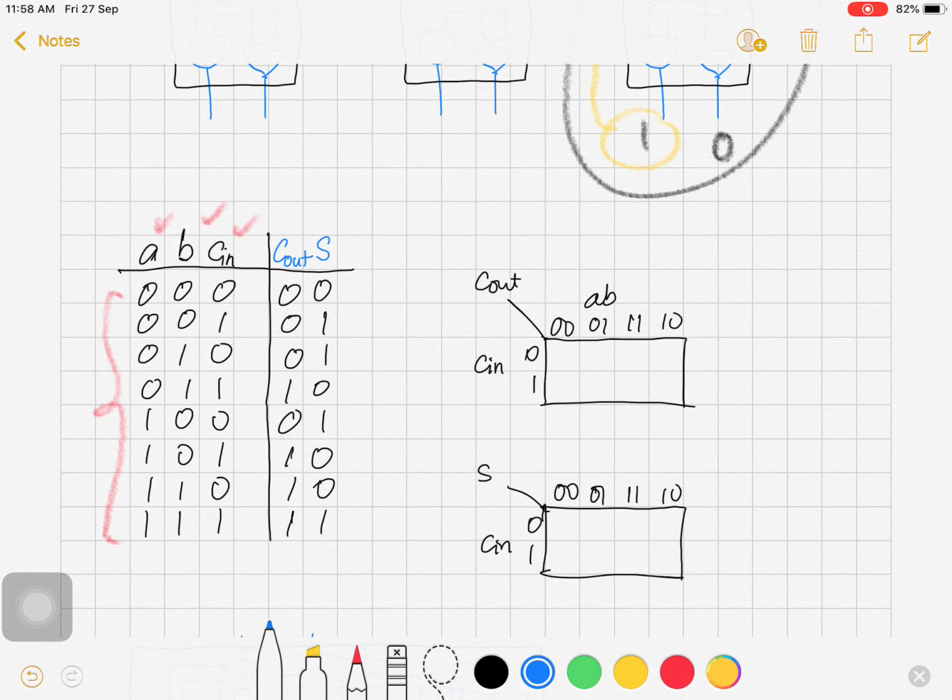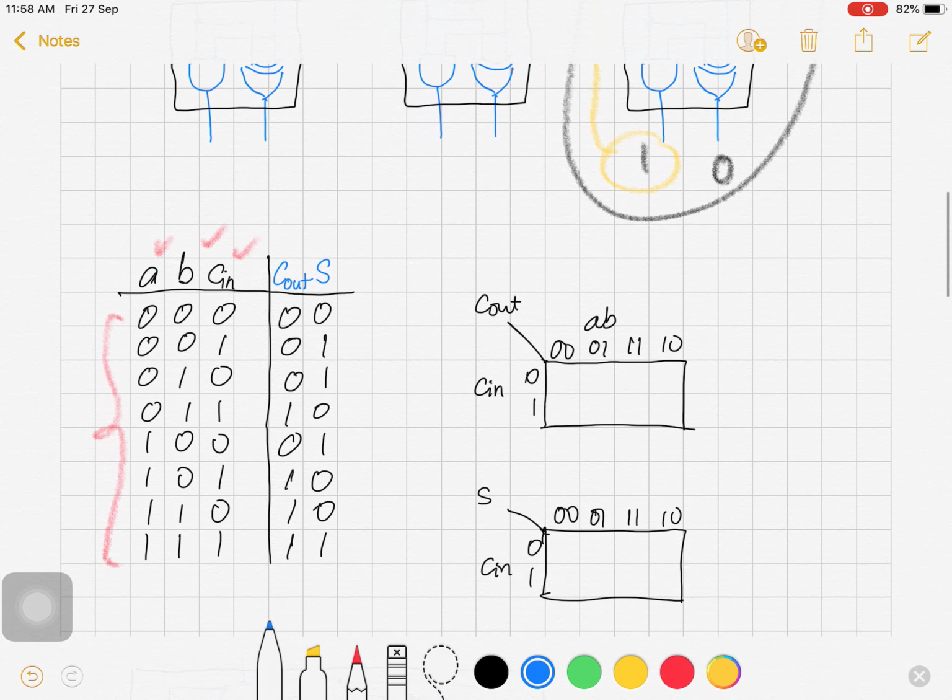Now let's use a K-map to obtain the Boolean expression for carry out and sum. So by filling out this K-map, I get 1, 1, 1, 1 here for carry out, and 1, 1, 1, 1 for sum.